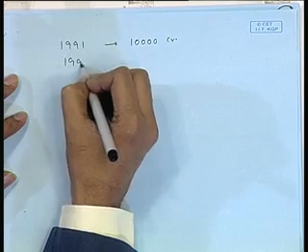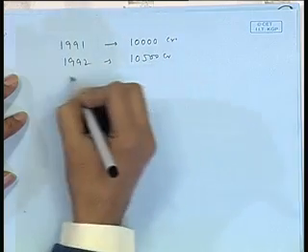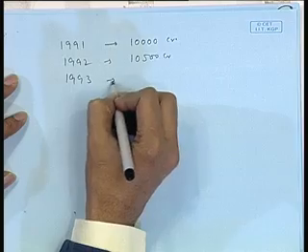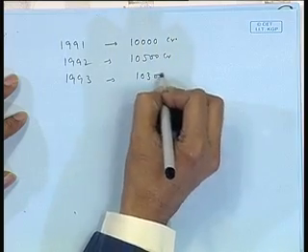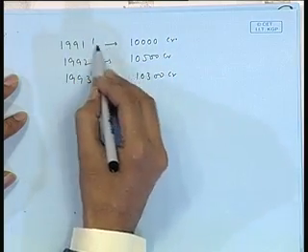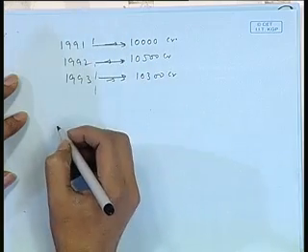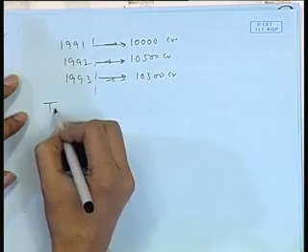In the year 1992 the exports were, say, 10,500 crores. In the year 1993 the exports were, say, 10,300 crores. That means we are recording the data based on years or time. This is known as time series data.